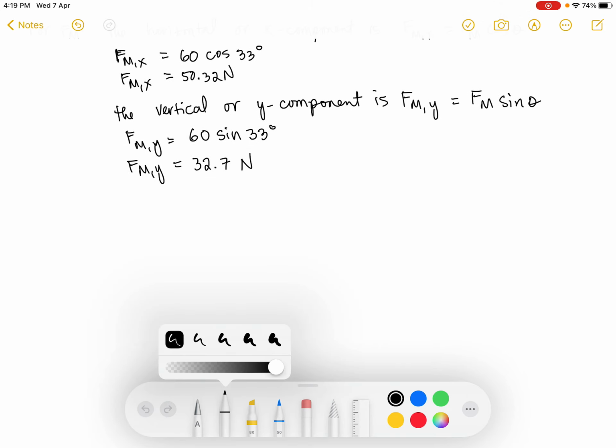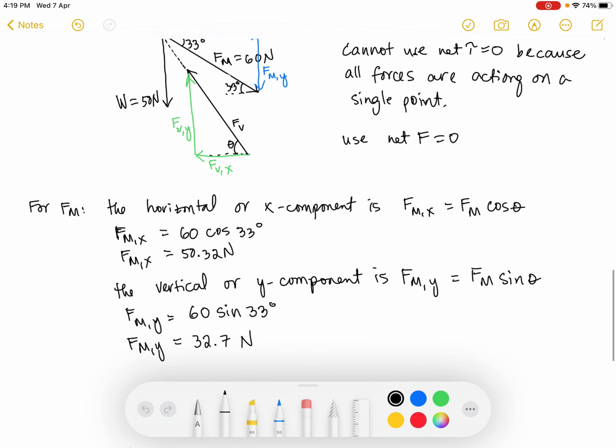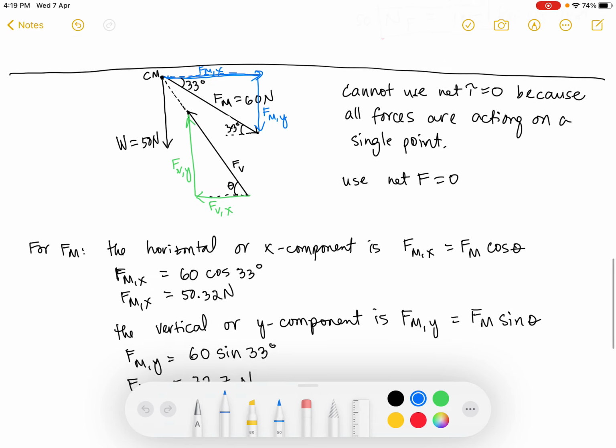just doing a free body diagram now, through the center of mass, you know that I have a weight force that's downwards. Okay, I have an Fmx to the right and Fmy downwards. Okay, my vectors are not drawn to scale, but I just wanted to show the directions.